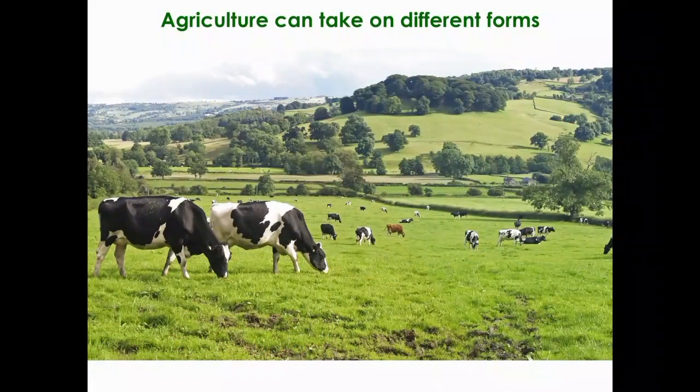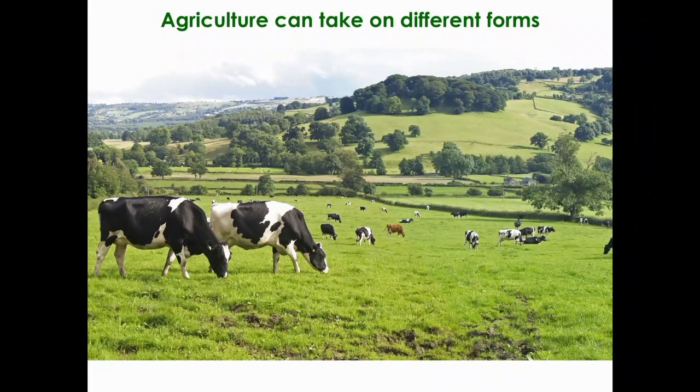So, agricultural landscapes can look very different based on different modes of agriculture. This is an image of a typical British agricultural scene, cultivation of cattle, of livestock. Many people look at this and think, obviously, looks very natural, a very undisturbed scene.